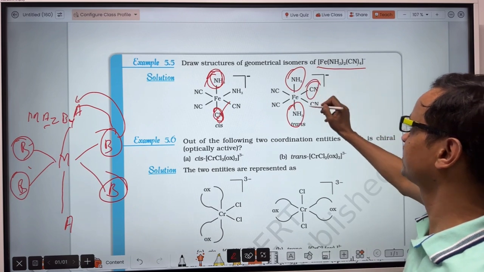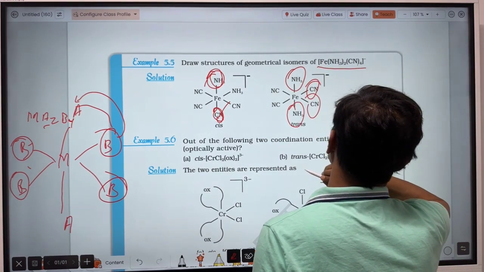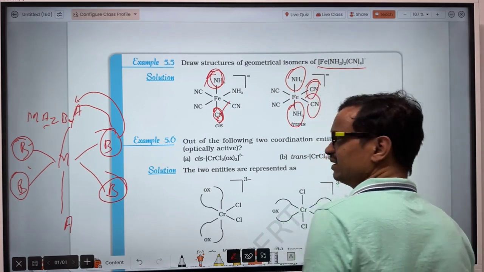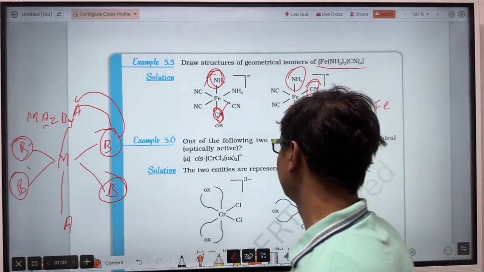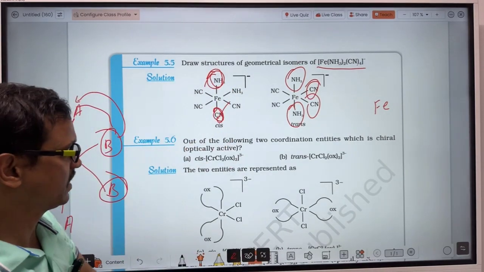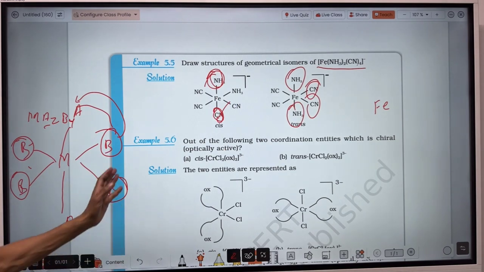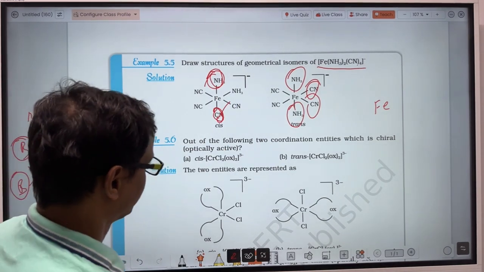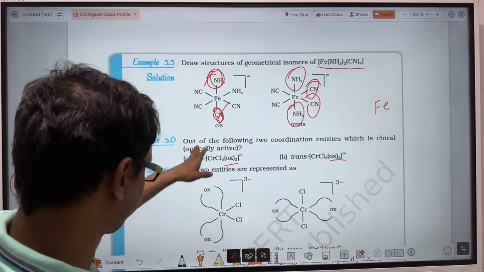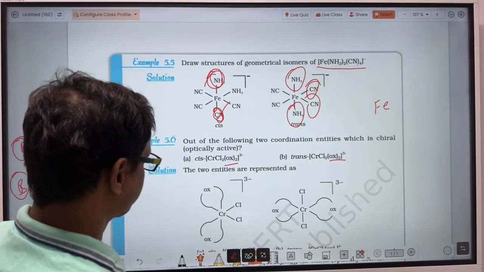If there is CN and CN here also, and anywhere they are opposite, then that will be trans. Now in this compound, here is cis and trans. Now let's see which is chiral and optically active, with oxalate ion and this one here. Draw the structure, cis and trans.